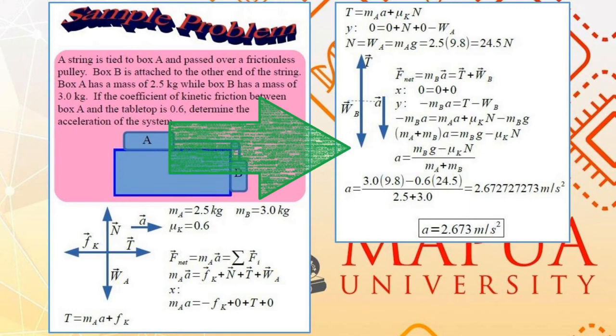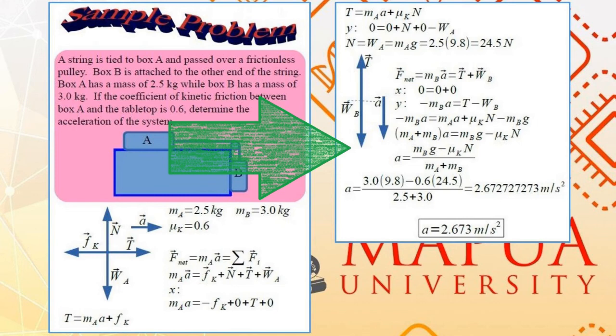So F net is equal to m_B a, and F net is the summation of the forces: T plus weight B. All the vectors are vertical, therefore no x component. We go directly to the y component: F net y is equal to negative m_B a, which is equal to T minus weight B. Positive direction is upward, negative direction is downward.